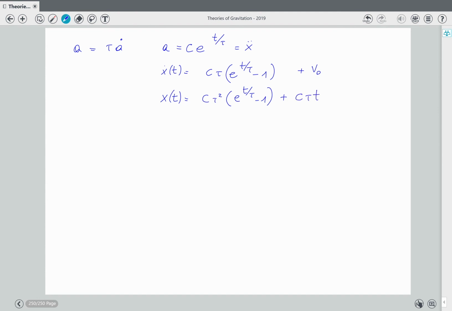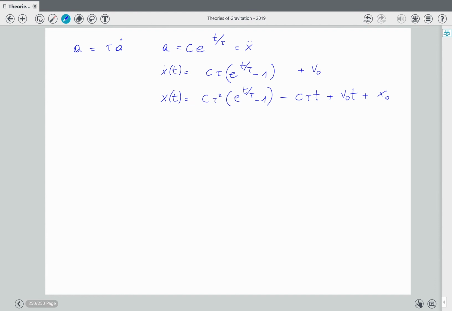Let's check, because if I take the derivative here, I have v0 c tau. If I take the derivative of this, so c tau is that, there is a minus. And if I take the derivative of that, I take that. Yeah, should be correct.